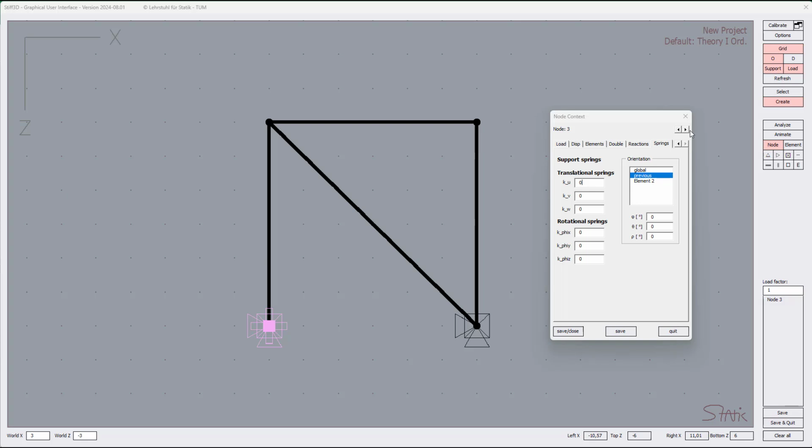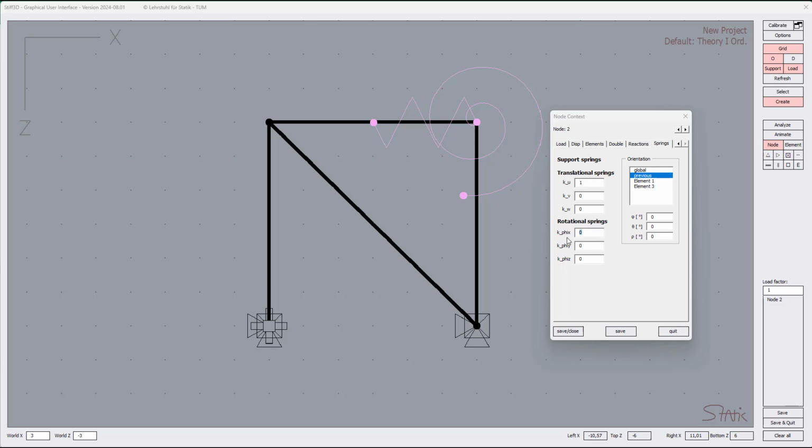So I'll go back to node number 2. We can define spring stiffnesses with respect to the x, y, and z direction, respectively the u, v, and w displacement. So just typing in the spring stiffness and saving the information. So you see here the displacement spring, the deformation spring. Or if we would like to have a rotational spring, something like this, for the rotation around the phi axis, take it away here.